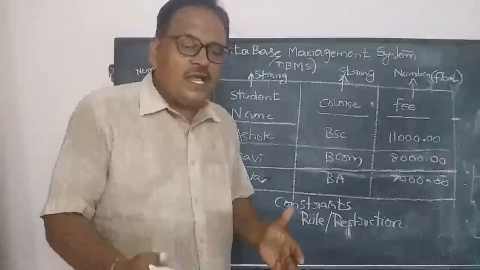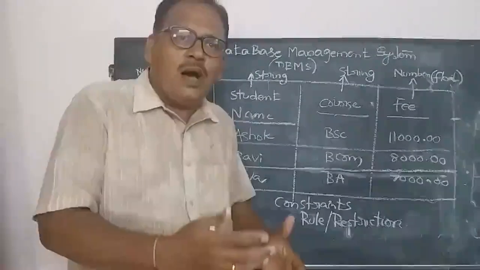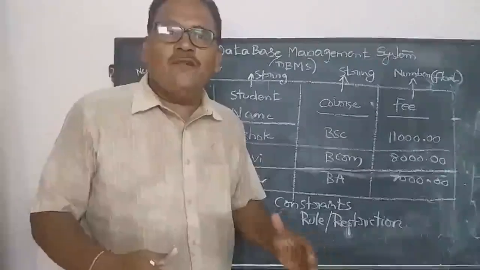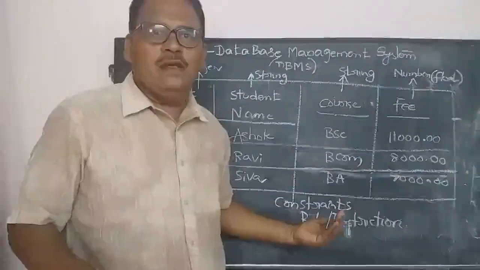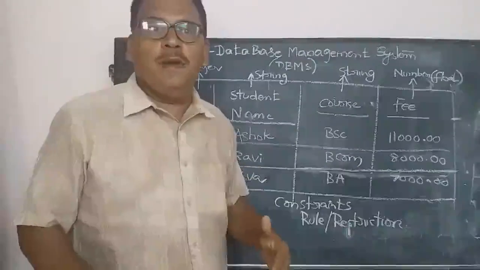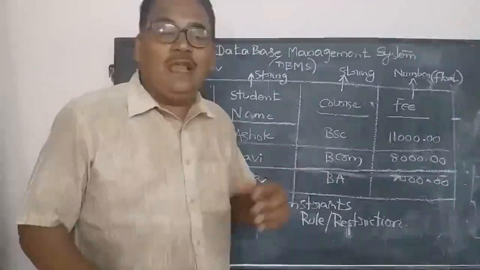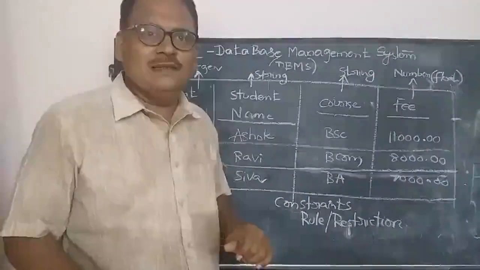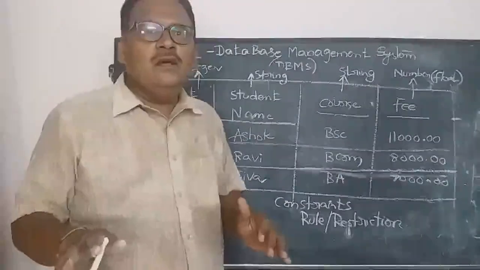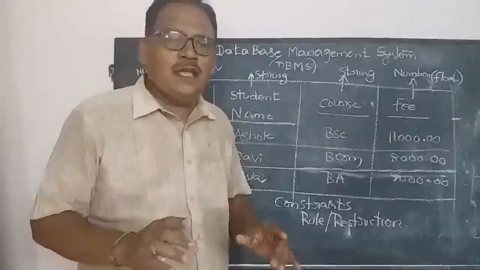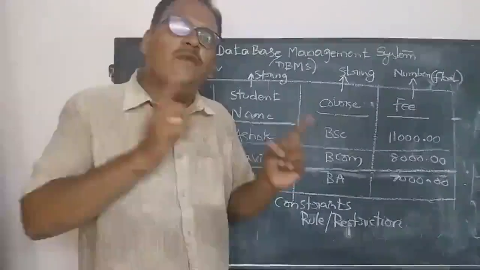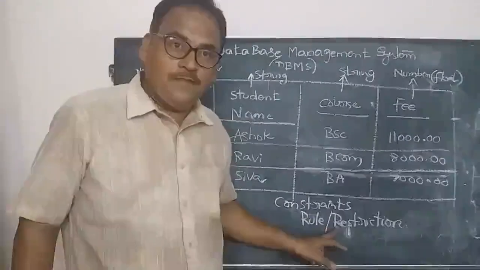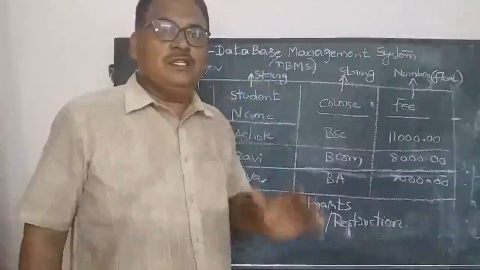While entering or posting the marks into the table, there is no possibility to enter 51 marks for a particular student, even if he prepared or wrote the examination well, and we should not give -1 marks to the students. Any student who appeared in a particular examination can get only 0 to 50 marks. That is a range, also called a rule or restriction.